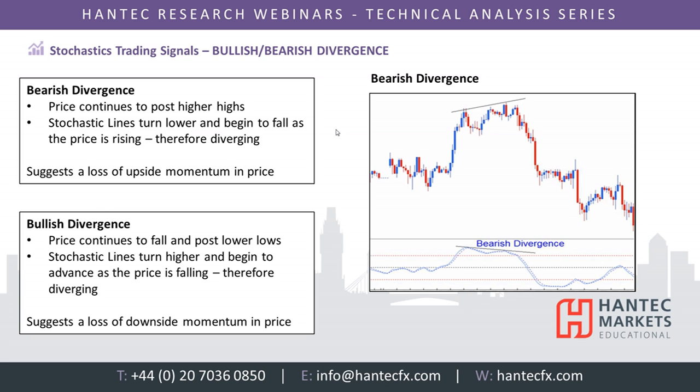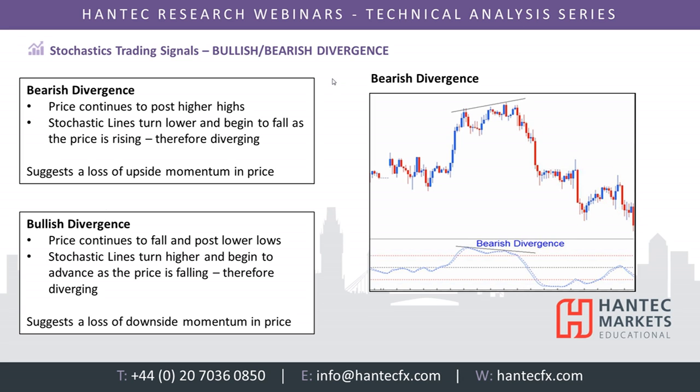So, divergences. These are used a lot throughout technical momentum indicators. Divergences are one of the main ways of using momentum indicators. Take a bearish divergence, which is where prices are continuously pushing to new highs, but the momentum indicator, in this instance stochastics, then starts to drop down.